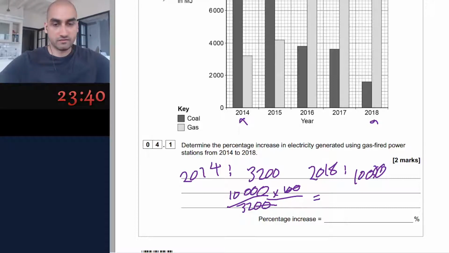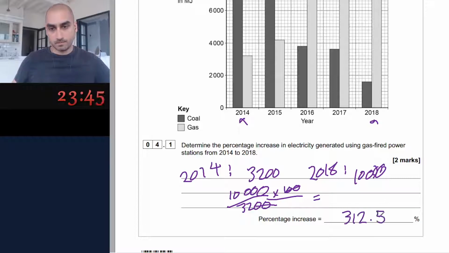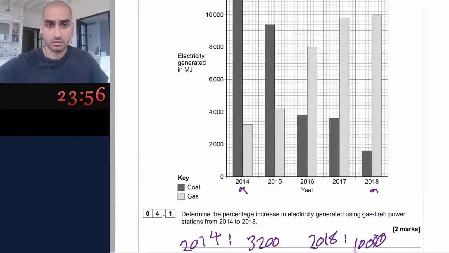We want 2.5. So basically multiplied it by 3 on 2.5%. Yeah, it's like timesing by 3. Okay.